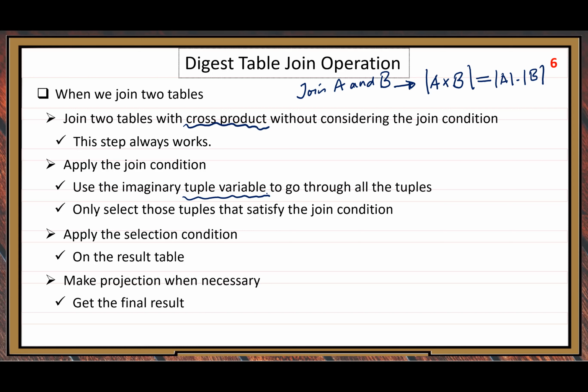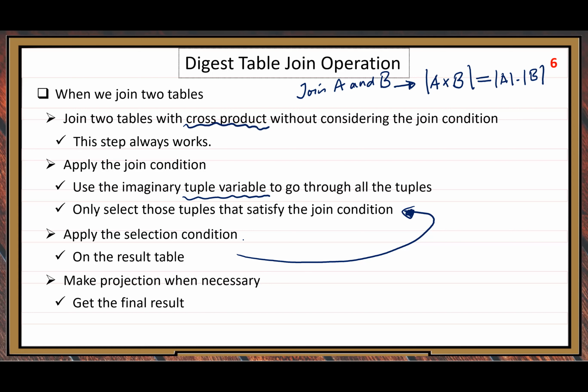Here on the result table, after the join condition, you apply the selection condition on that intermediate result table. That is a temporary intermediate result table. So you apply it on that.